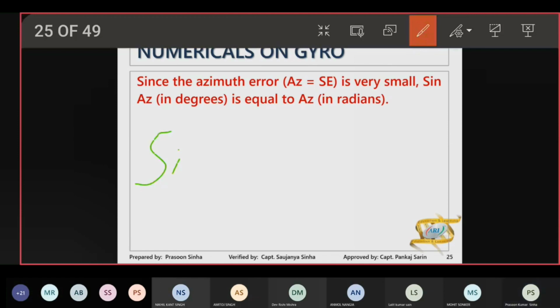That means SE is equal to V cos course by 900 cos lat.